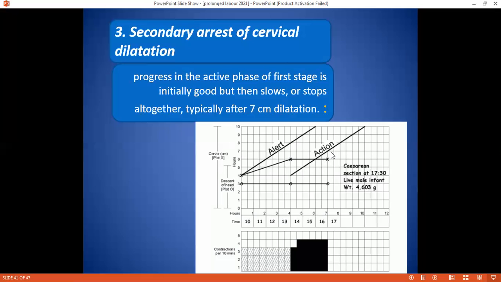So here it is a secondary arrest of cervical dilatation. The most likely cause is malposition, and for this case, cesarean section was done and a live male infant of 4.6 kilograms was delivered. So fetal macrosomia is the cause in this case.